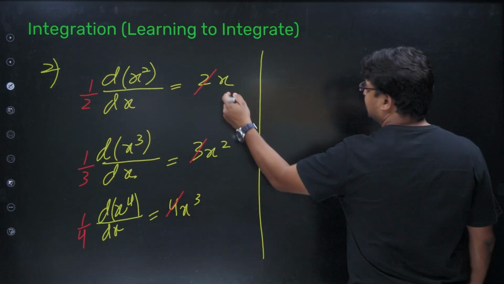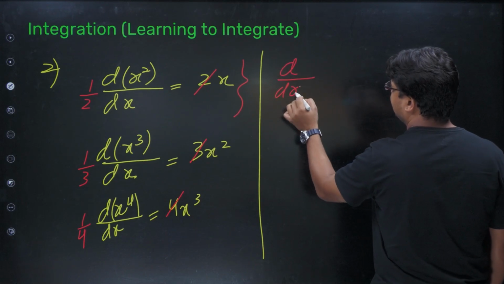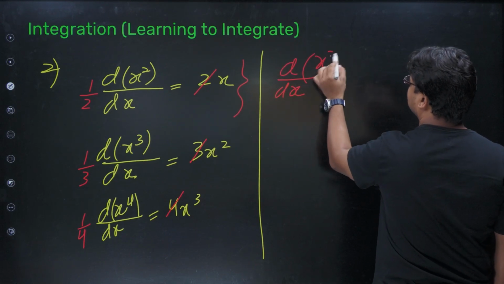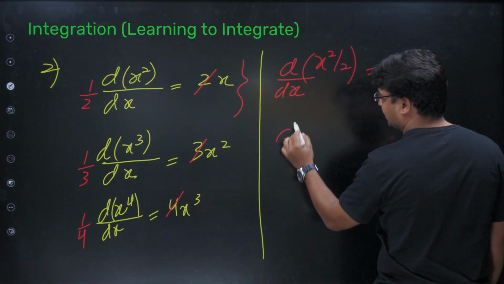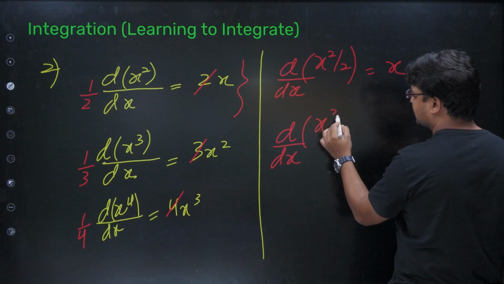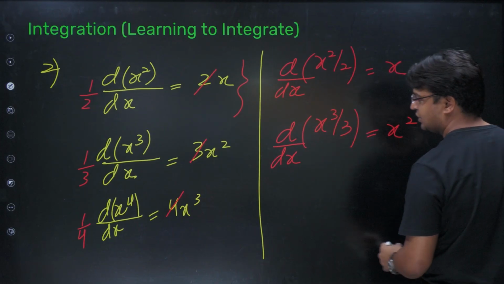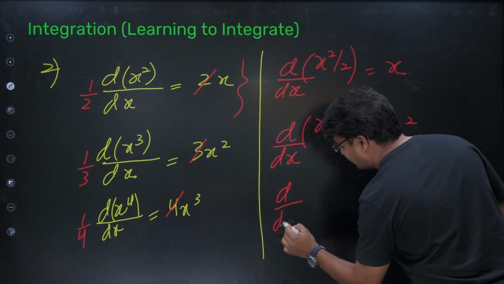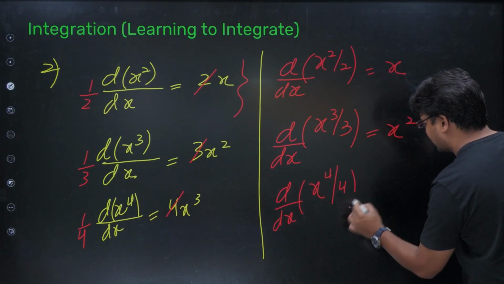So this can be written as d by dx of x square by 2 is equals to x. Similarly, the next one can be written as d by dx of x cube by 3 is equals to x square. D by dx of x raised to power 4 by 4 is x cube.